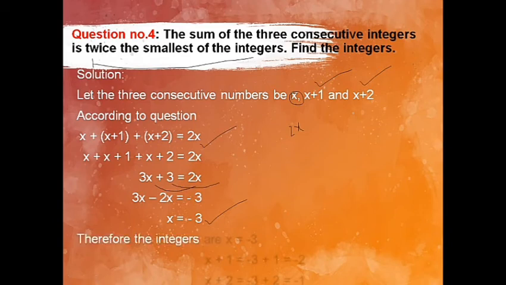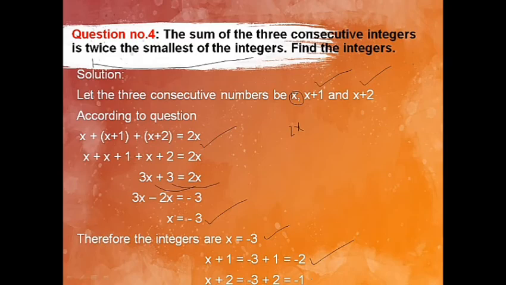Therefore the integers are x equals minus 3, then x plus 1 equals minus 3 plus 1 which is minus 2, and x plus 2 equals minus 3 plus 2 which is minus 1. So the three integers are minus 3, minus 2 and minus 1.